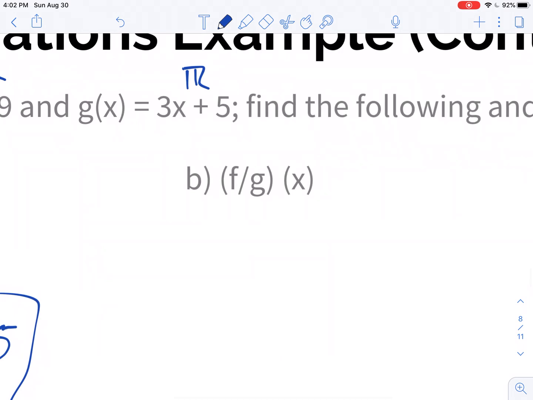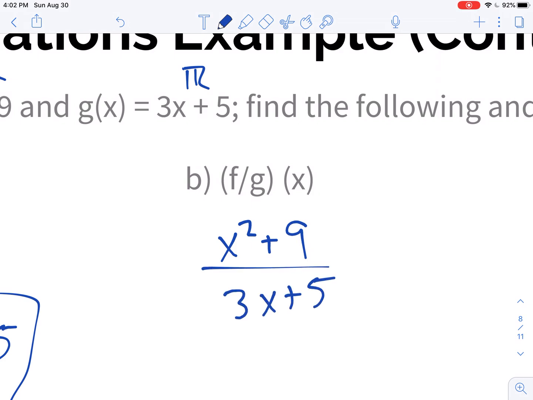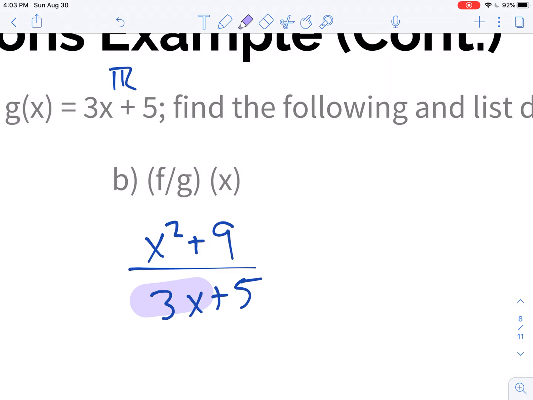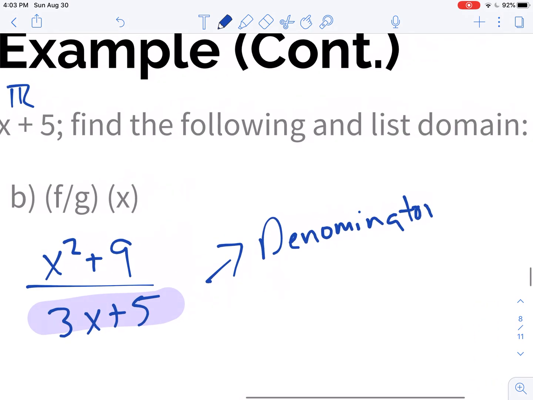f over g of x, this is as simple as saying, all right, I've got x squared plus 9 over 3x plus 5. It wants me to figure out what the domain is here. This is where it gets a little bit trickier because notice now that I've done this, I have a denominator. But that's not too bad.